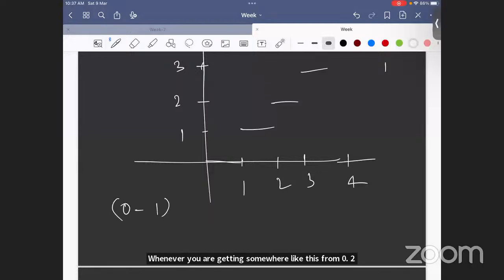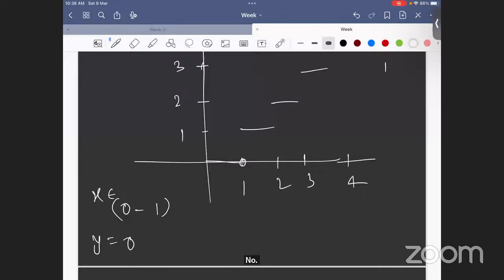Whenever your x belongs to 0 to 1, the y value will be what? 0 or 1? 0. Correct, it will be 0. Whether 1 is included or not? No, sir, 1 is not included.